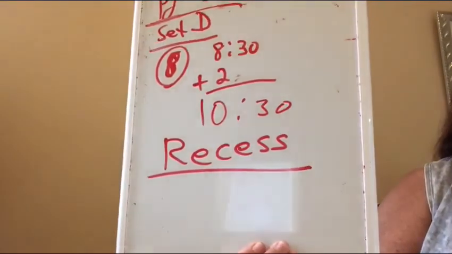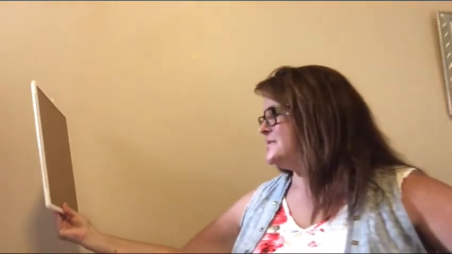So what is 8 plus 2? Right, 10:30. So the activity that starts 2 hours after reading, or 8:30, is, look on the chart, what starts at 10:30? The answer is recess. Recess starts 2 hours after reading.